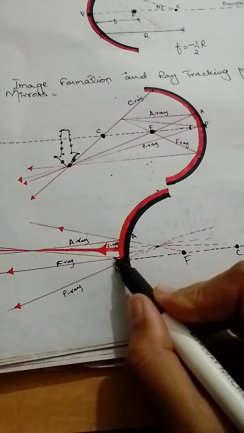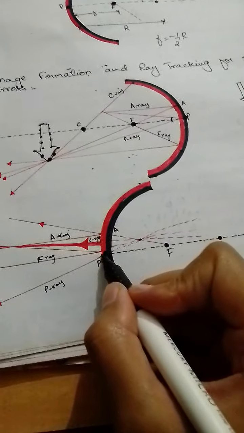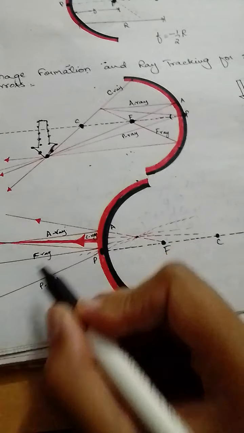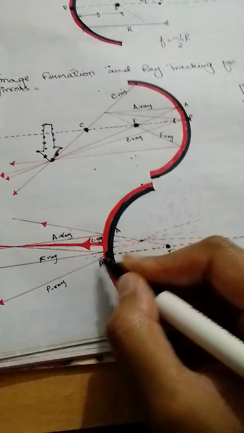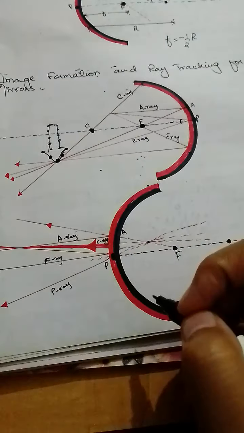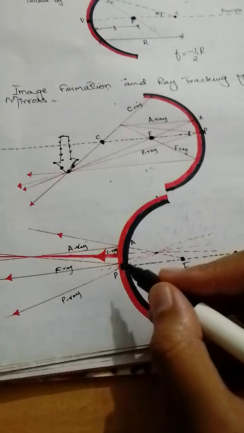Okay, this is the P ray. Here again, in this case, the principal axis would act as a normal to the surface. So the angle of incidence would be equal to the angle of reflection.